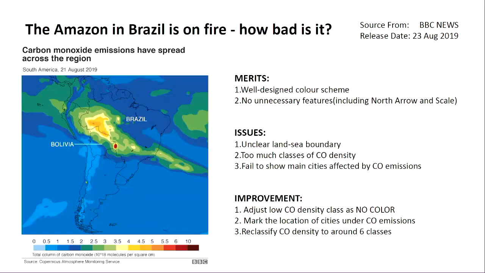I don't think they are important for this map. The issues are that the land-sea boundary is not clear because of the dark blue with the black color. Another is there are too many classes for the carbon monoxide density. And the last one is it failed to show the main cities affected by the gas.